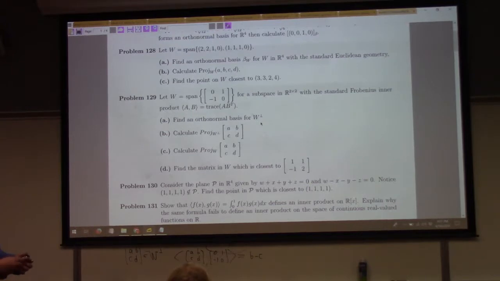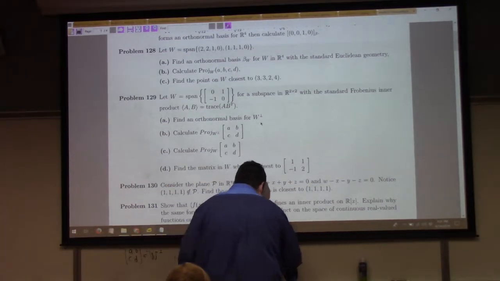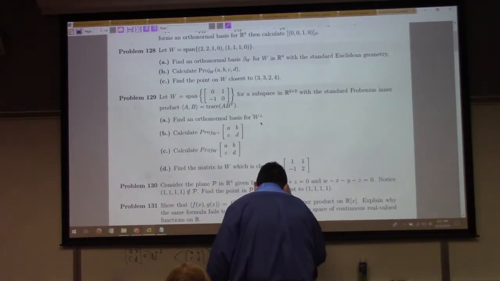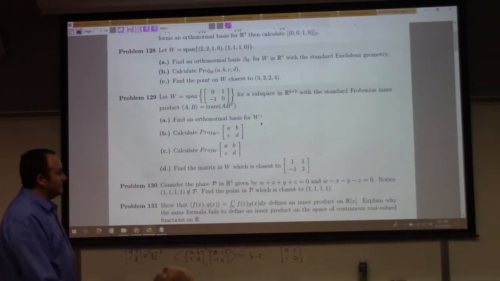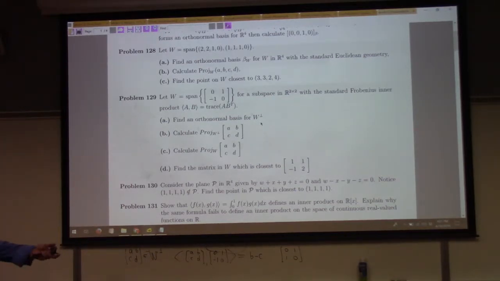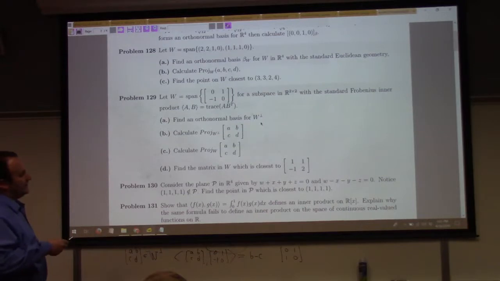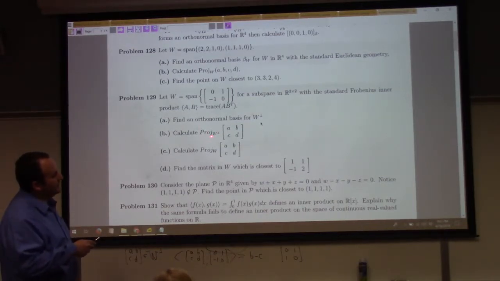Because that matrix is in the natural basis for W perp, but it's not normalized. It has length square root of 2, so divide by square root of 2 to normalize it, right? All right, once you have that, to calculate the projection onto W perp, you do what?